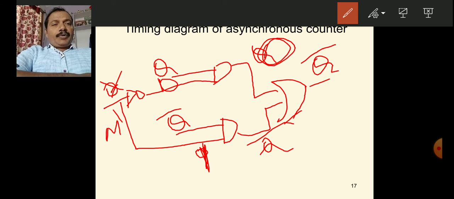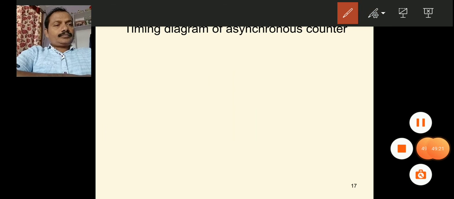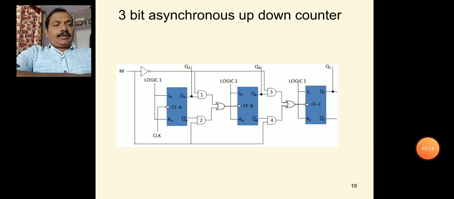So this is the important combinational gate circuit which enables us to configure the counter as up or down with the control bit and gate circuitry. Hence, we are able to configure this counter as an up or down counter.